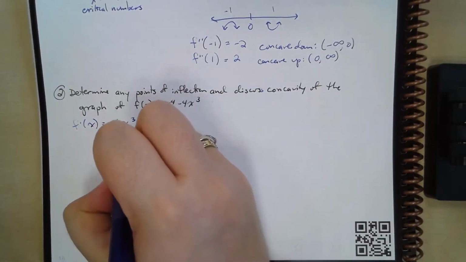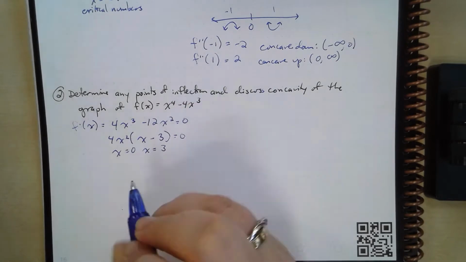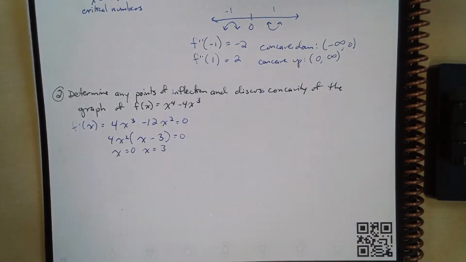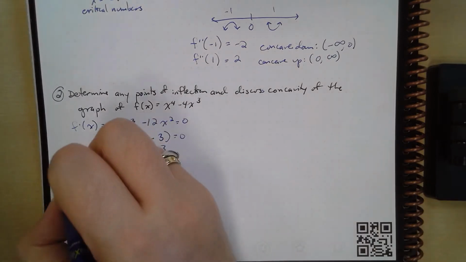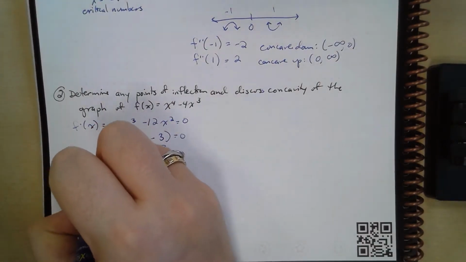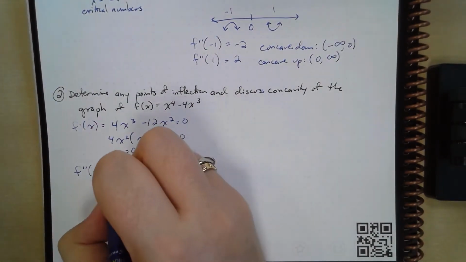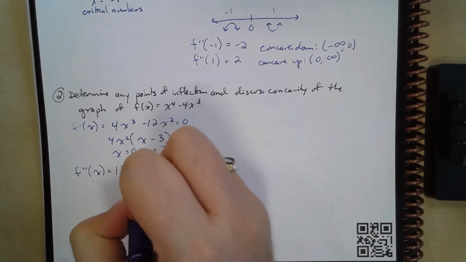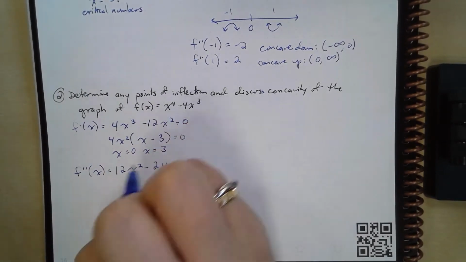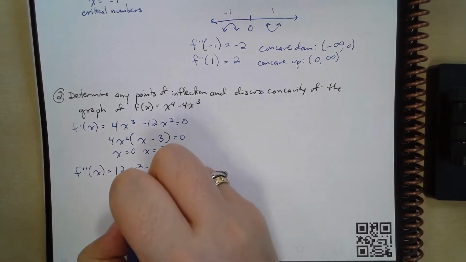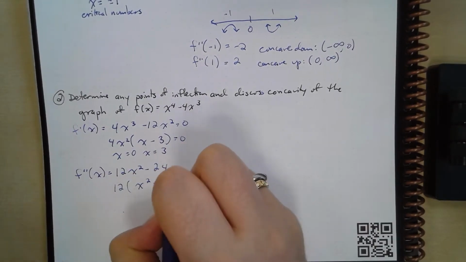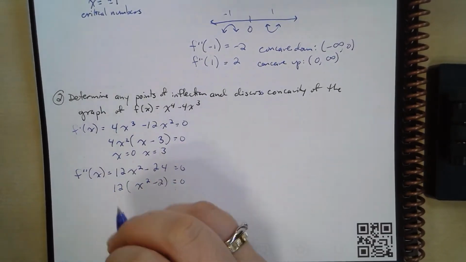So it looks like x equals 0 and x equals 3. Those would be the points that we would use for testing for our first derivative test, right? Well, then we need to find our second derivative. So f double prime of x is going to be equal to 12x squared minus 24x. So I can factor out a 12. I'm left with x squared minus 2x. I set this equal to 0.